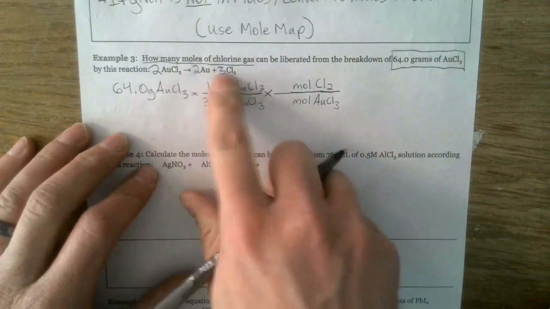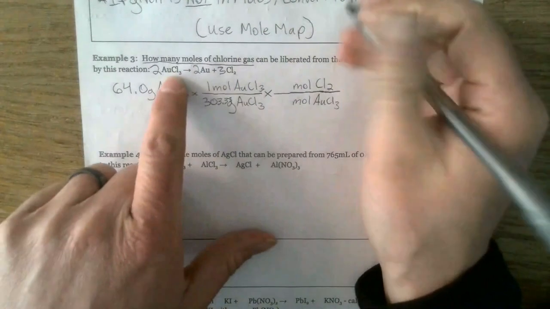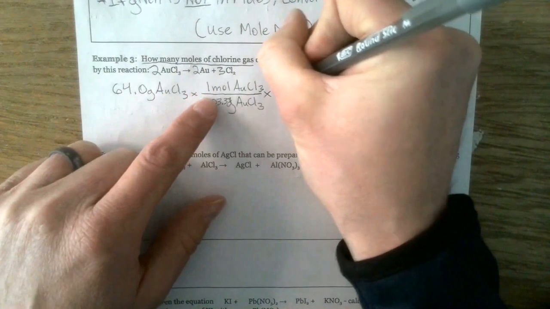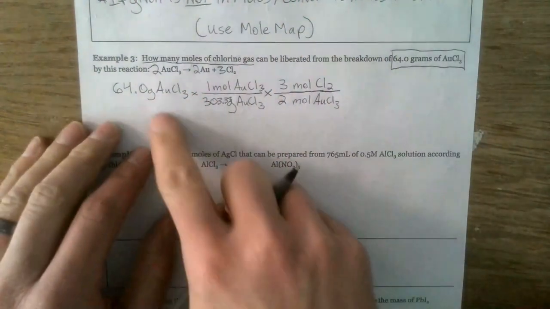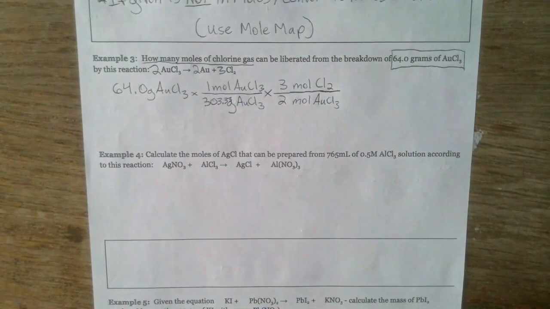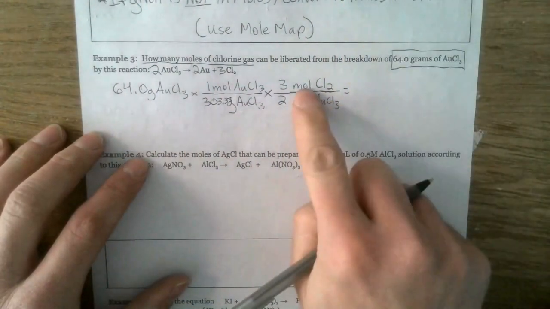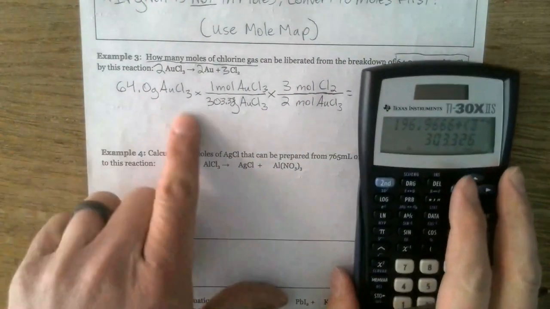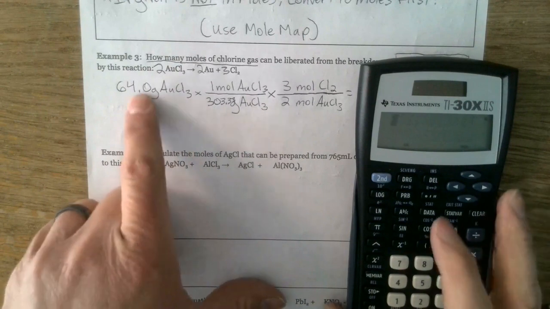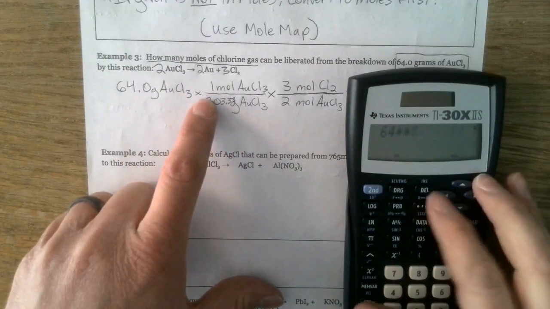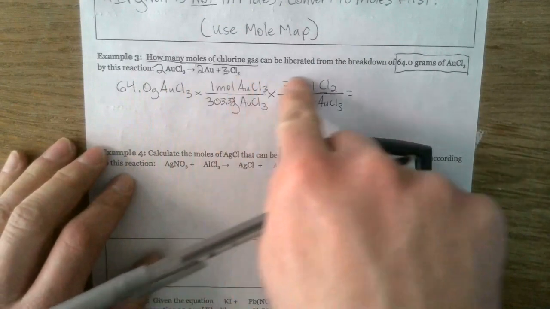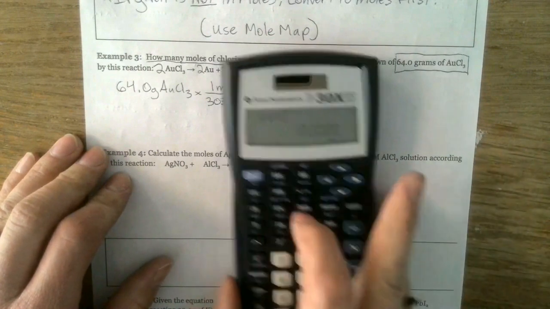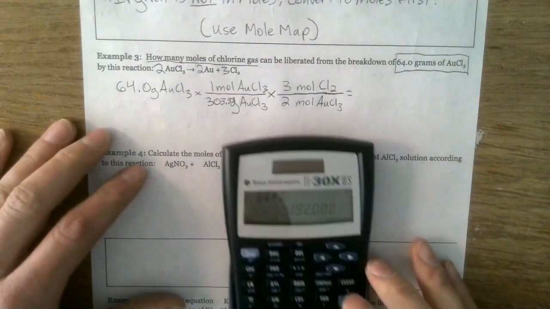So now we look at the balanced equation. We've got 2 moles of AuCl3 and 3 moles of Cl2. This is where it's really important how we plug this into our calculator, because now we can solve for moles of Cl2. We're going to set this up as 64 times 3, because that's everything that's on top. I would recommend hitting enter, getting an answer, and then we're going to divide by everything that's on the bottom.